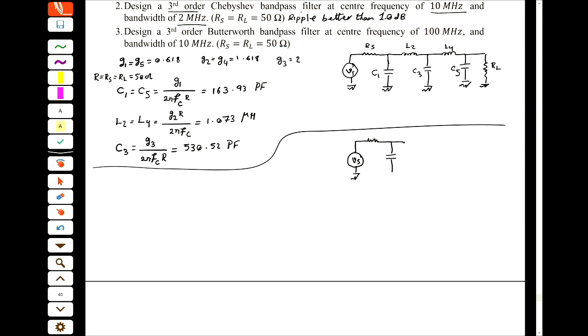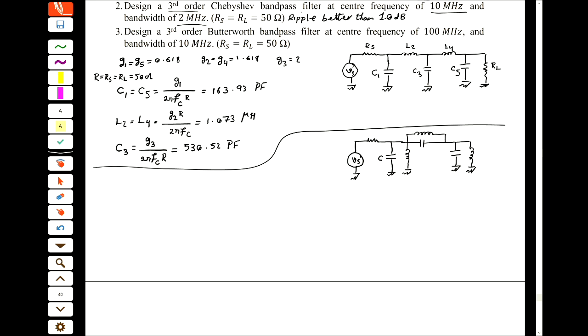So I start from the capacitor, and this is the inductor.